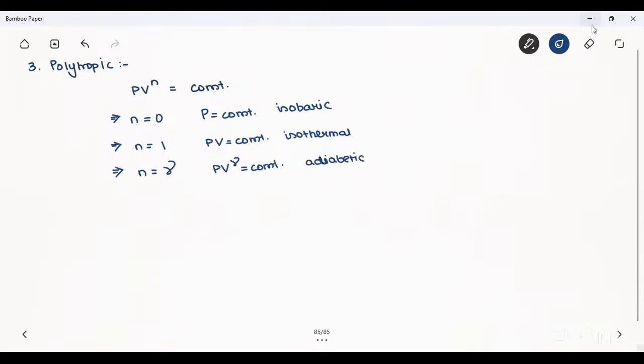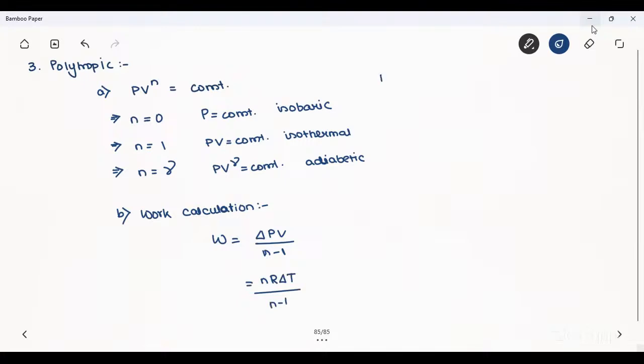Now what is the formula for calculation of work done? Work calculation. What was n? n is the number of moles. You can also write it like nR delta T by n minus 1.